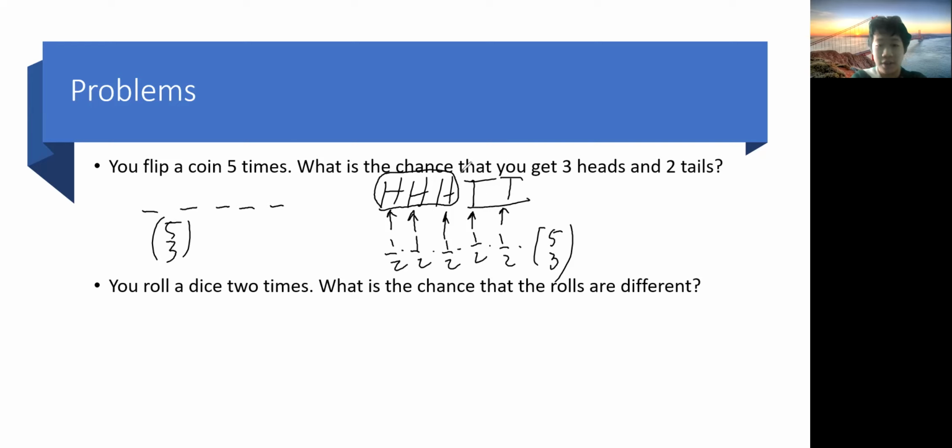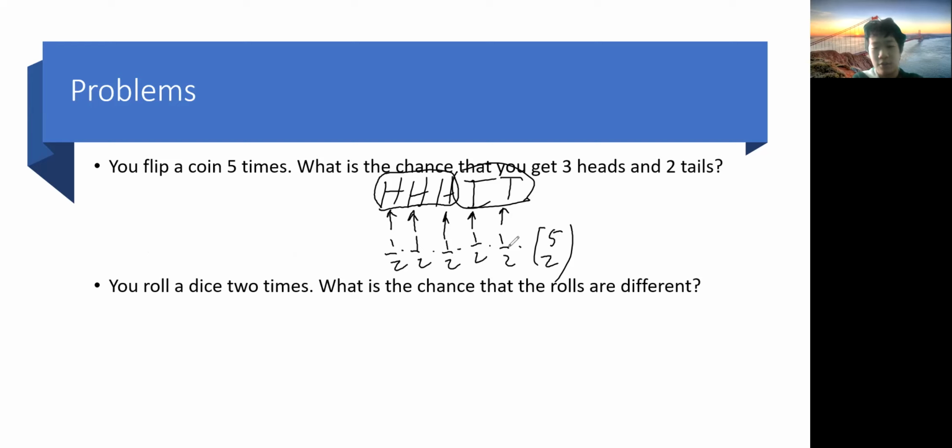Alternatively, I could just choose the tails first. I have 5 spots, I can choose 2 of them: 5 choose 2. And the cool thing is that these two are actually equal. 5 choose 3 is 5 choose 2. You can show that to yourself by multiplying it out. But anyway, it works. I actually like 5 choose 2 better because you have to do less math.